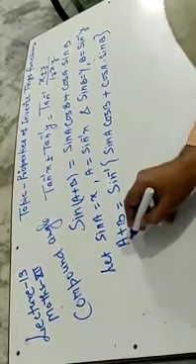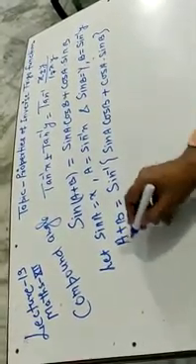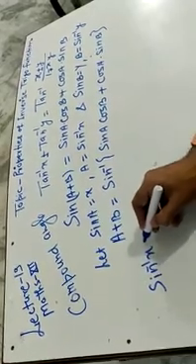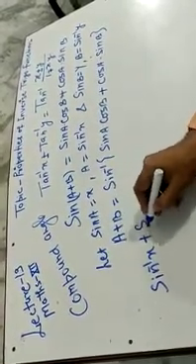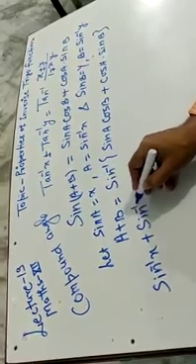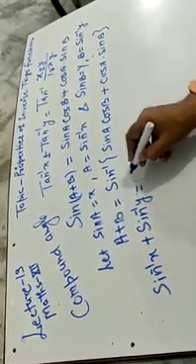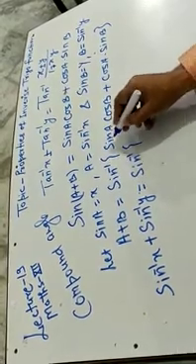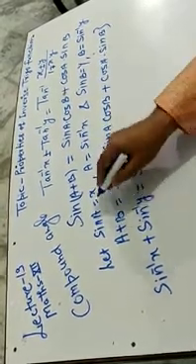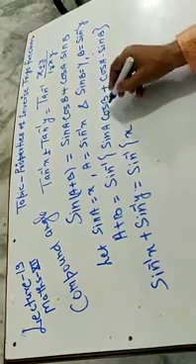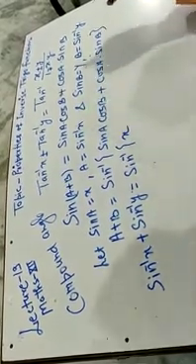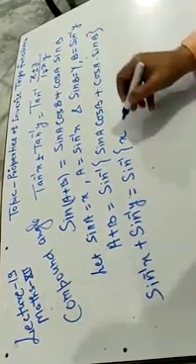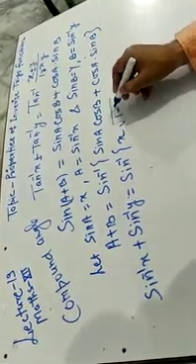You put sine inverse x instead of A, and sine inverse y instead of B, so it equals sine inverse of sine A, which is x, into cos B. If sine B equals y, cos B equals root of 1 minus y square.